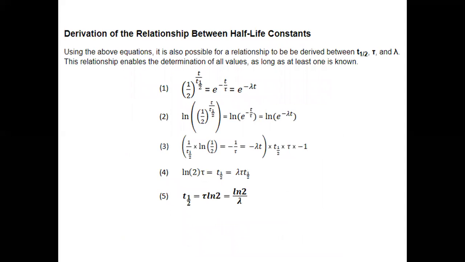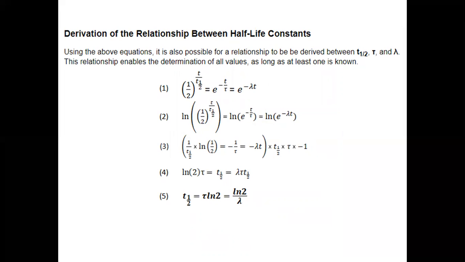And now the derivation of the relationship between the half-life and the constants. We are going to derive the relation between t half, tau, and lambda. At first we have the equation: half to the power t over t half is equal to e to the power minus t over tau, and e to the power minus lambda t.